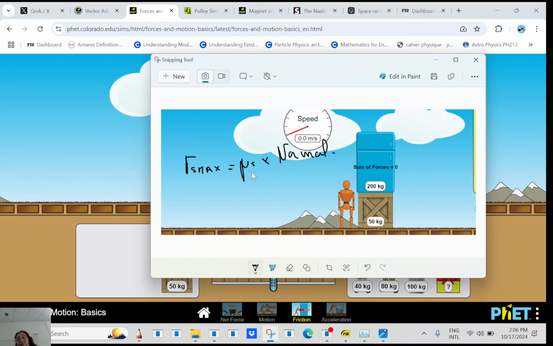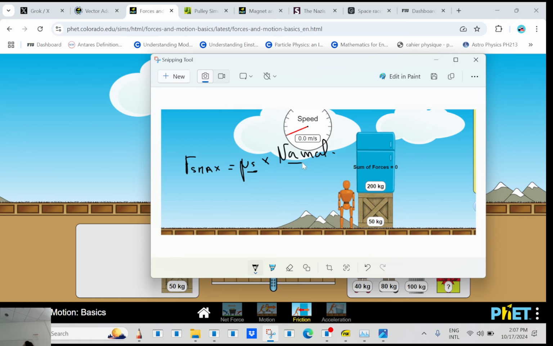So it depends on the materials and how hard the surface is being pushed on. For example, if I put my hand here, it's going to be acted upon by a normal force, which is perpendicular. If I don't push very hard, it's not going to push hard on me, and it's going to slide. Do you see how it's sliding? But if I push really, really hard, I'm going to increase the friction.